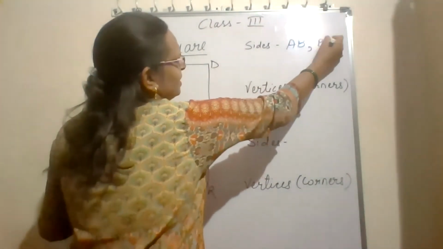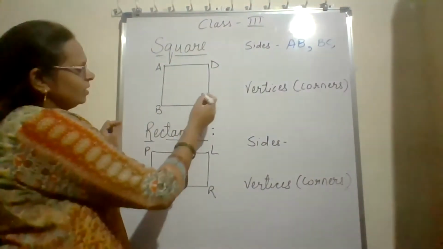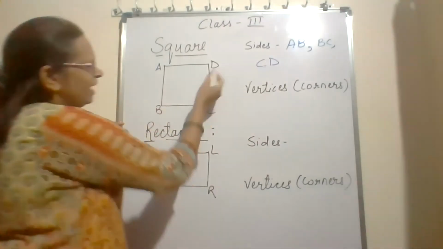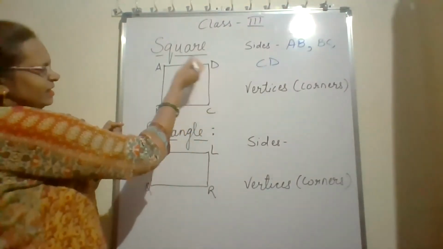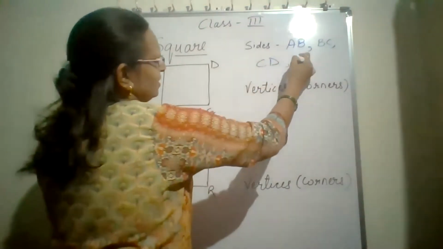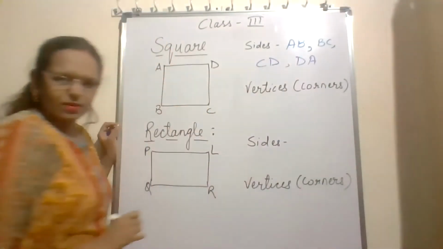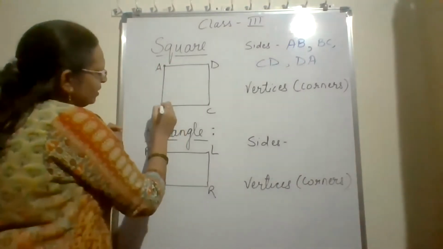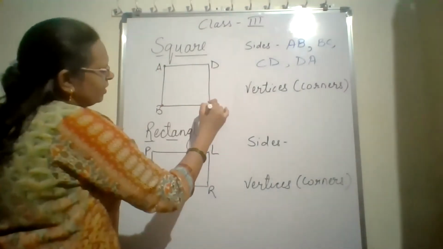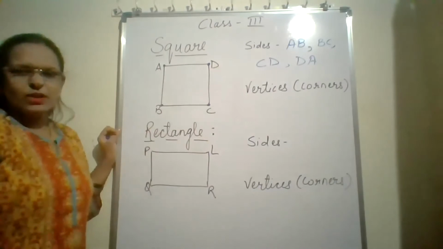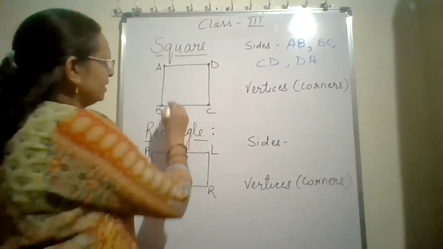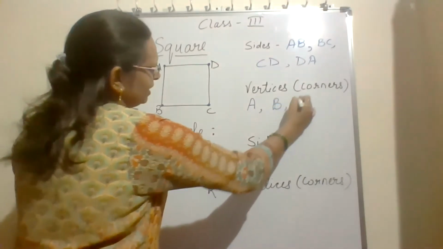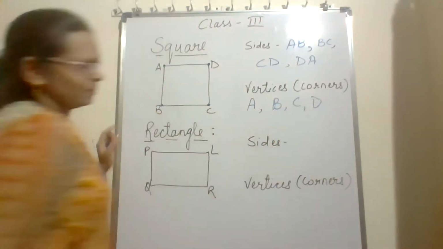Third side is CD. And fourth side is DA. Right? Now what are vertices? These four corners are called vertices. So what are the vertices? Vertices are A, B, C and D.